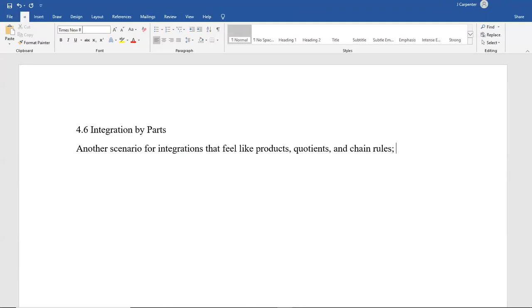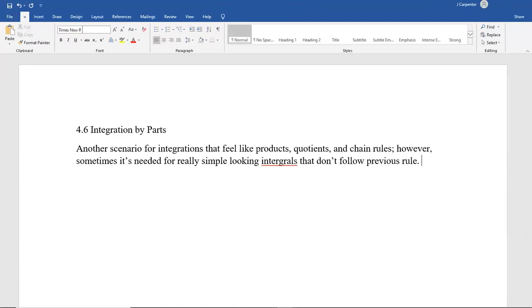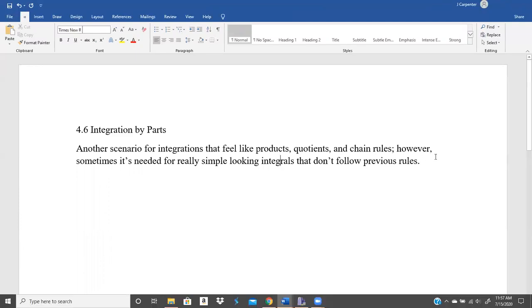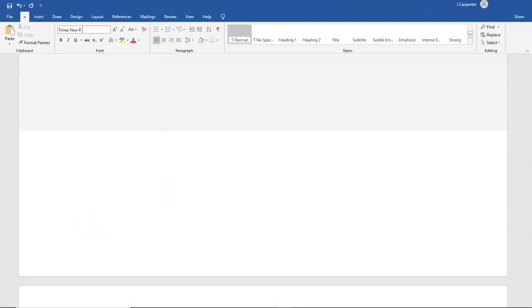However, sometimes it's needed for really simple looking integrals that don't follow previous rules.